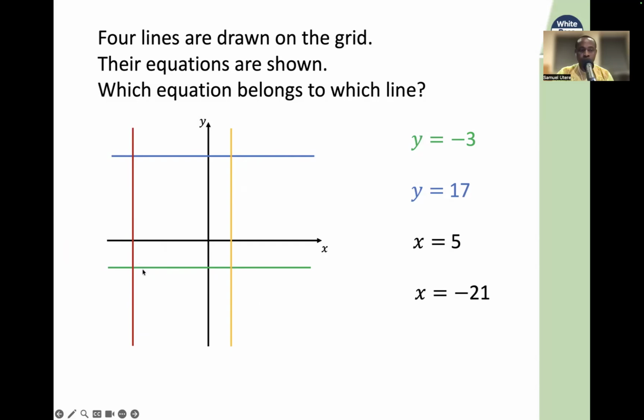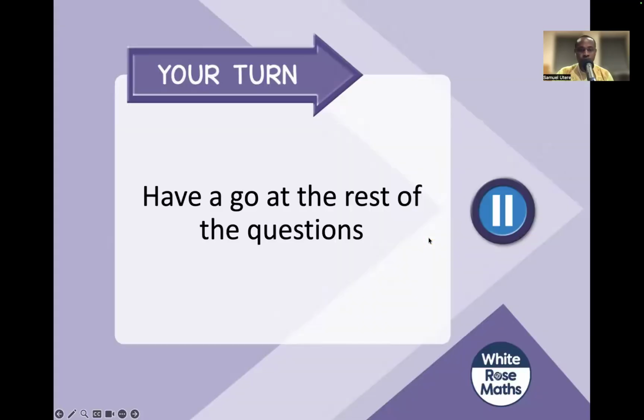Remember, all the negative values of x are on the left side of the y-axis. So we pick the one that has x negative, it has to be -21. And of course, the last one is that one. You can see that x is positive, so that has to be x equal to 5.